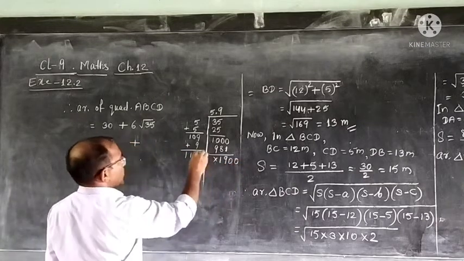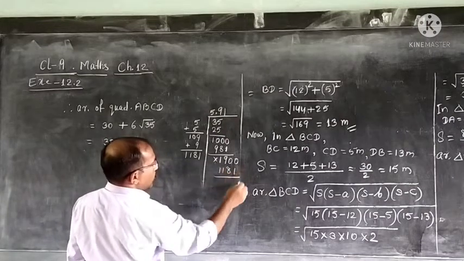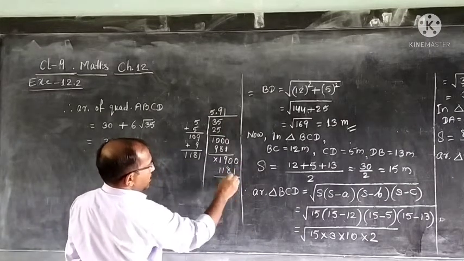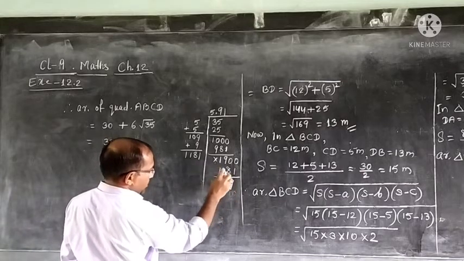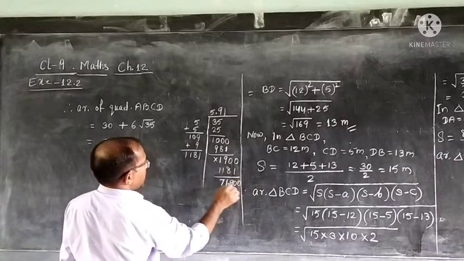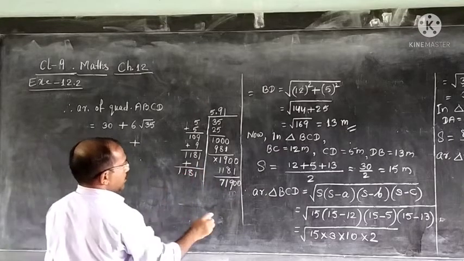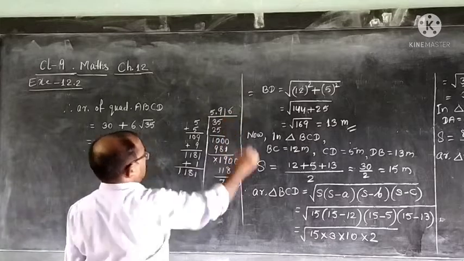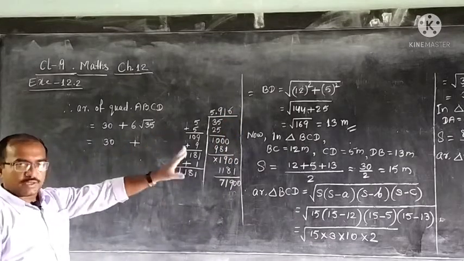So, only one time we can divide. At least we can divide 6 times. No need to continue, only to get the third digit we are doing this.